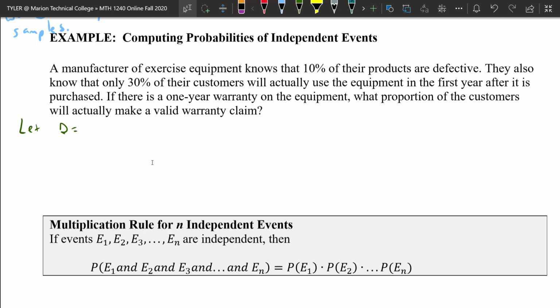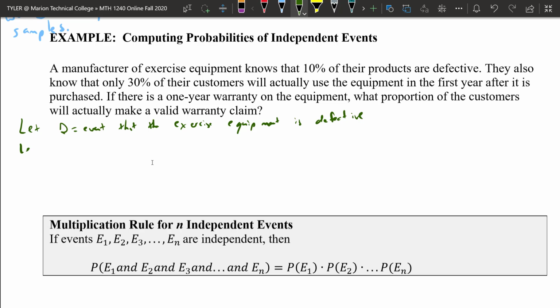equal the event that the exercise equipment is defective.